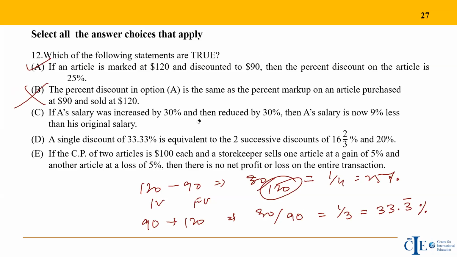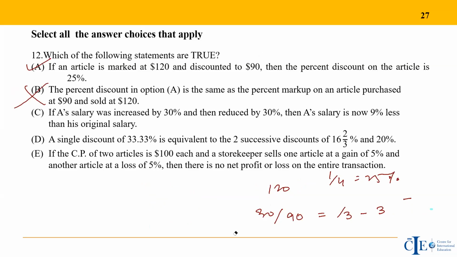Now let's look at the third one. It says a salary increased by 30% and then reduced by 30%, then the overall reduction is 9%. Now you can just take a number and work that out, and I'll tell you another shortcut for this one. Let's say originally he had 100.